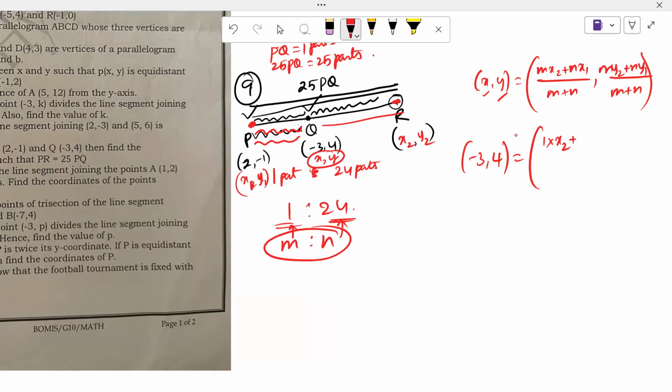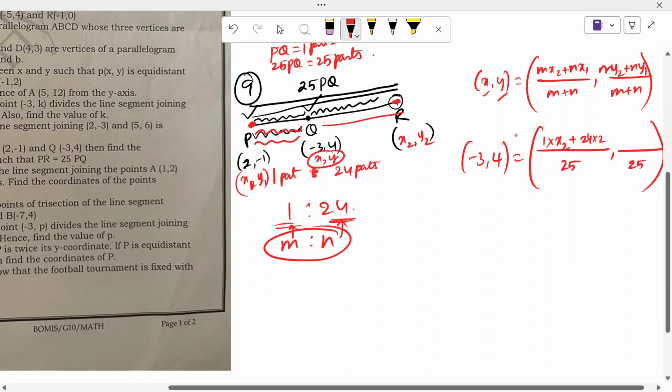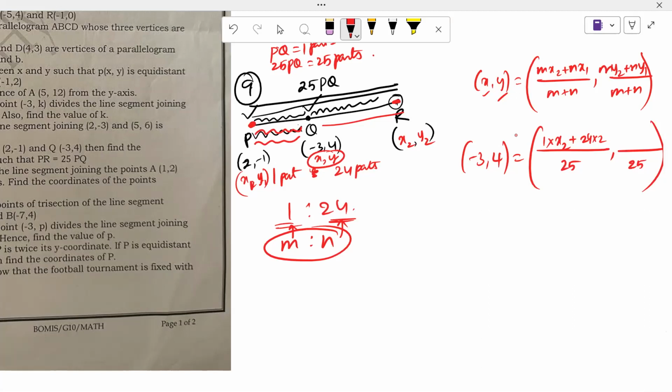N is 24, so 24 times 2, divided by m plus n, 1 plus 24, 25, comma, my2, that means 1 into y2, plus 24 times y1, 24 times minus 1.